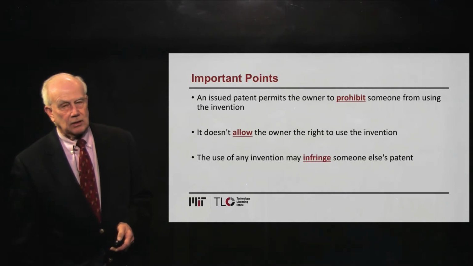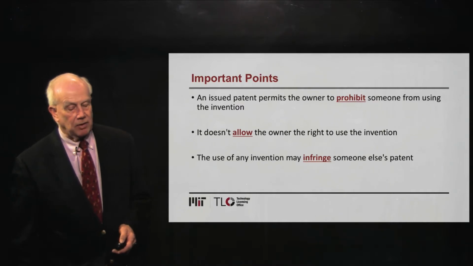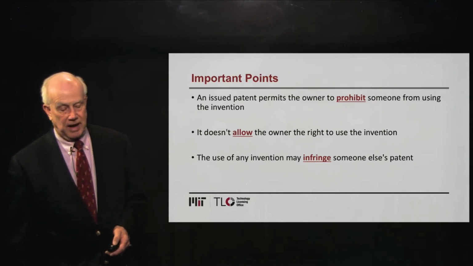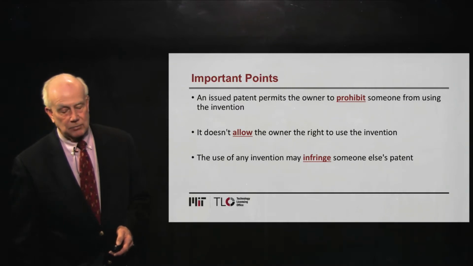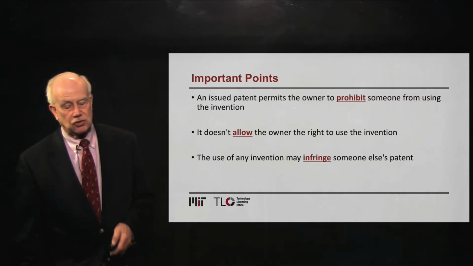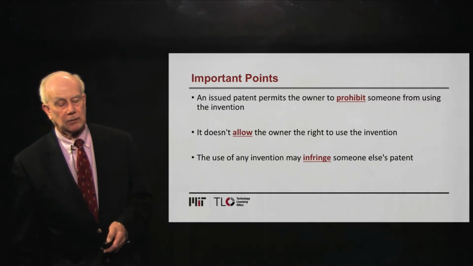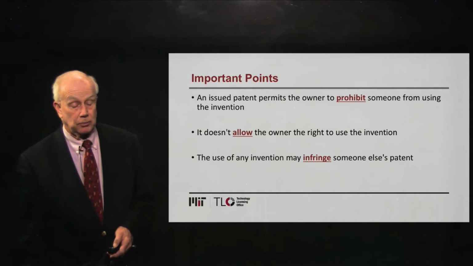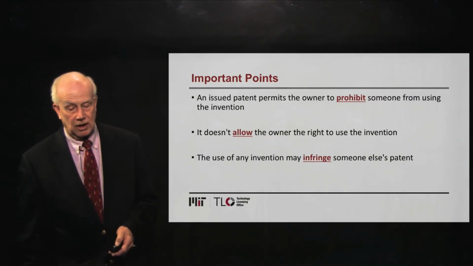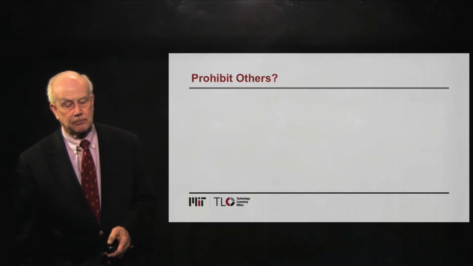Because any invention that you have might, in fact, infringe the claims of somebody else's patent. Even though you have claims that were allowed in order for your patent to issue, there might be another patent that you could infringe with your product that was issued before, even to another person, that would be infringed by your use of what you have described in your patent application.